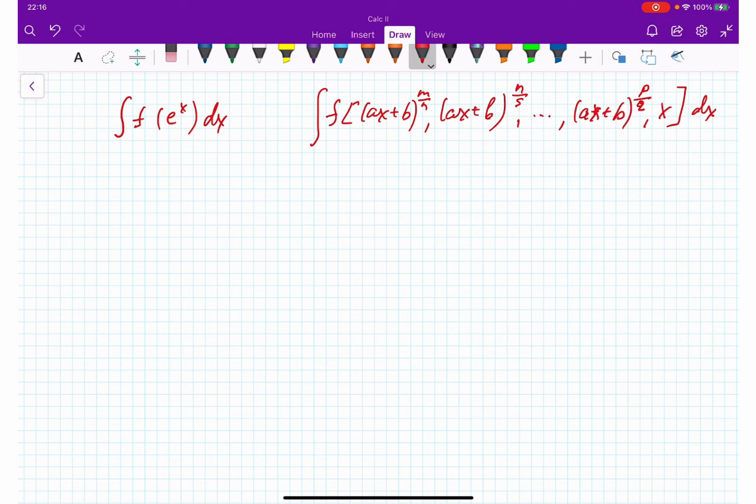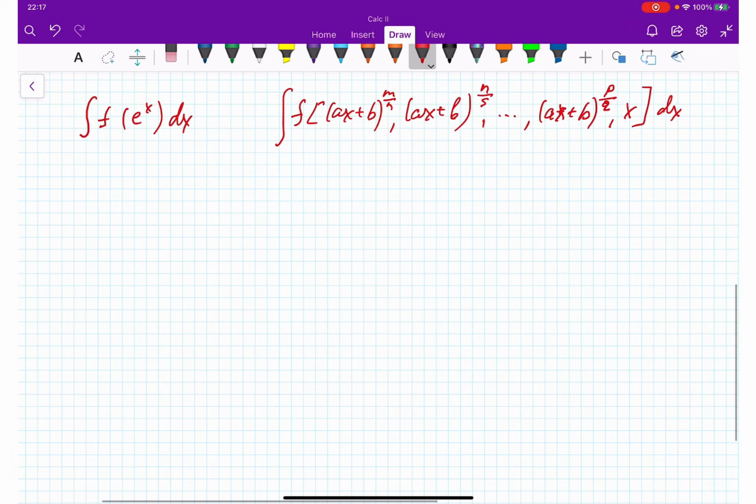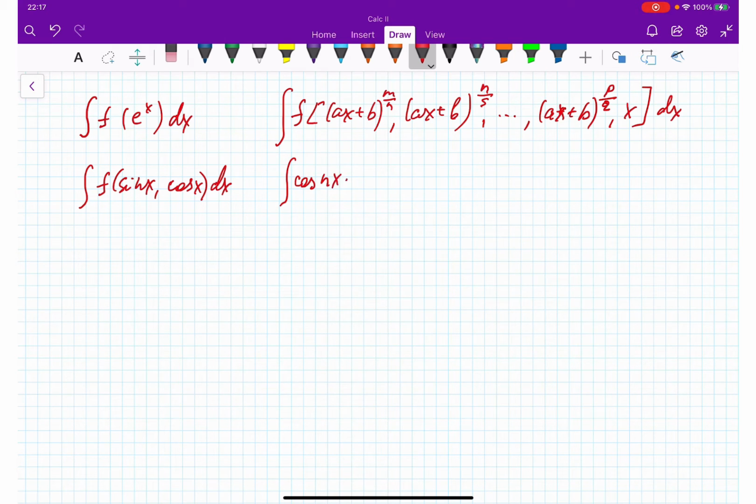The other type of integral that can be worked out and brought down to integration of a rational fraction is going to be an integral of a function of sine x and cosine x dx, a function of cosine nx times, it's a product of cosine mx, the coefficients have to be different.